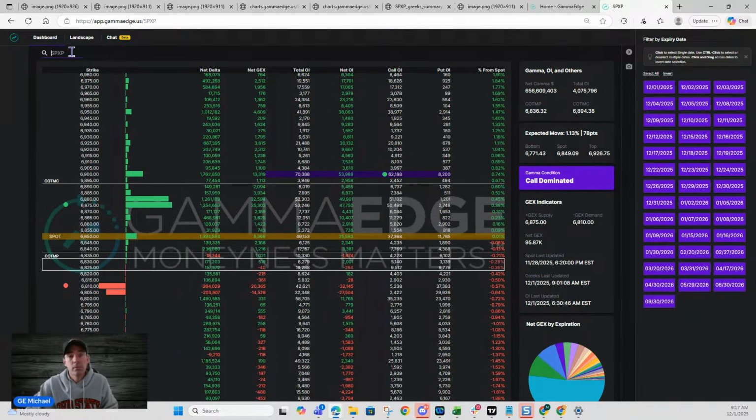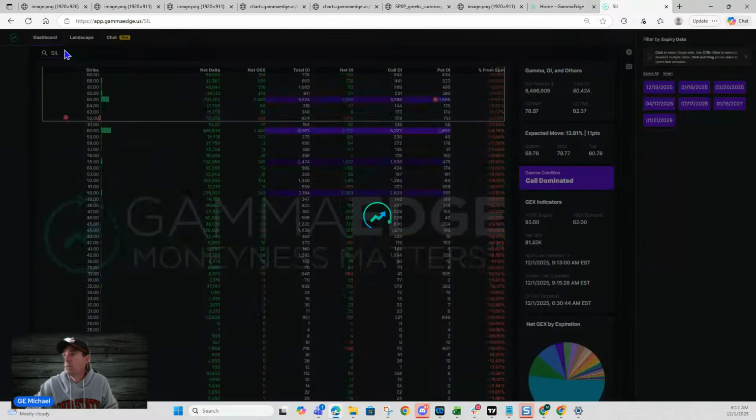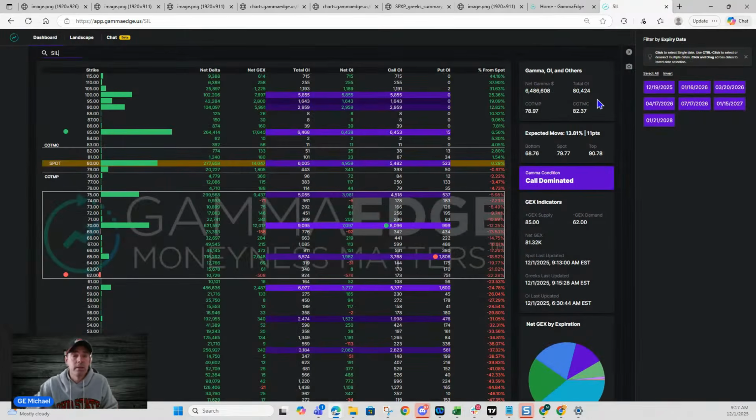So SIL, I'm not sure if that is okay. It does hit our 1,000 OI filter, but the total OI is very low. So just be careful there, understanding that this is probably not under significant dealer metrics control. It is call dominated. I'm really not sure what SIL is or what they do, but you see that they only have monthly expiries.